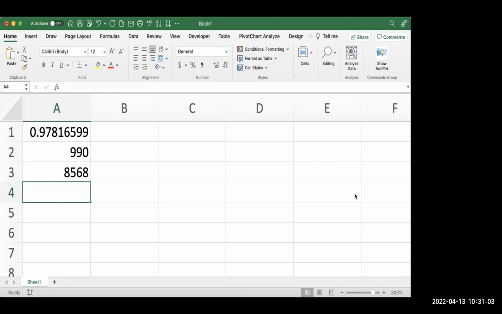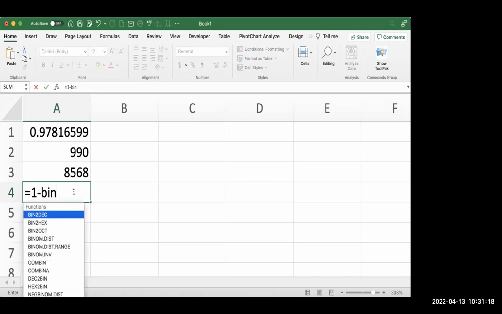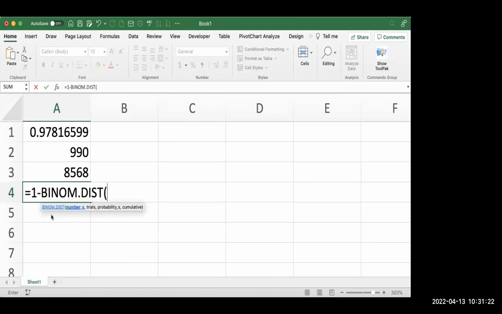Let me do that in Excel. I input 1 minus binom distribution. I do not want X equal 4. I have 12 trials, a probability of success of 0.42, and I want this to be a PDF, so this will be false.